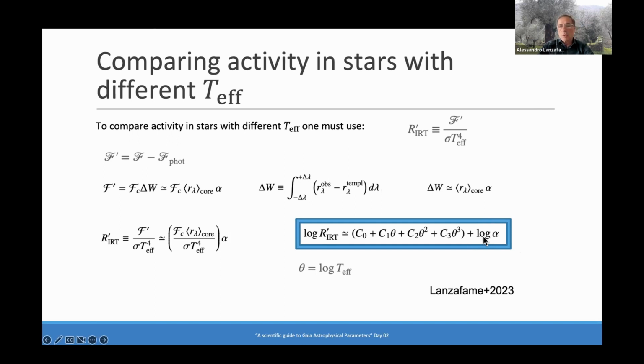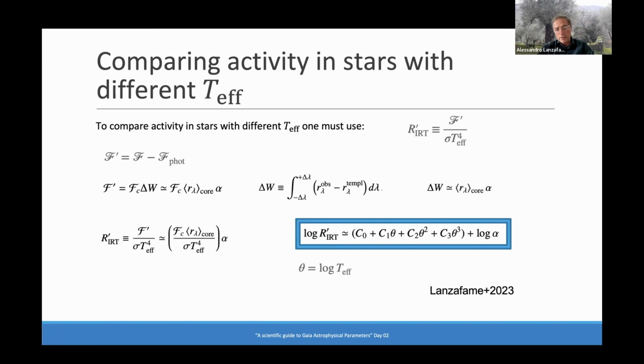You take the logarithm of this alpha, you add this quantity according to the effective temperature, and you have an index, the logarithm of R prime IRT, that you can use to compare activity in stars with very different effective temperature.